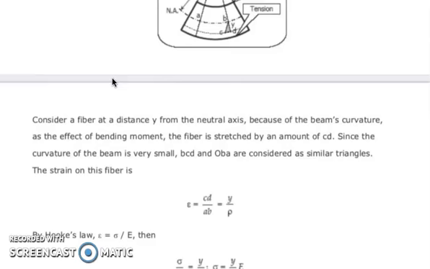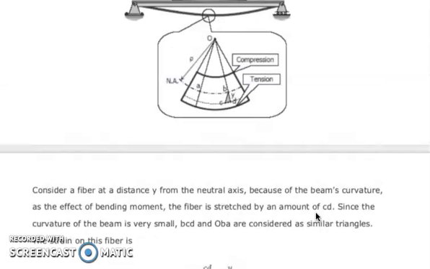Therefore, the strain is given by this equation: strain is equal to CD over AB, which is equivalent to y over rho. Based on our figure, this is our y and this is our rho.